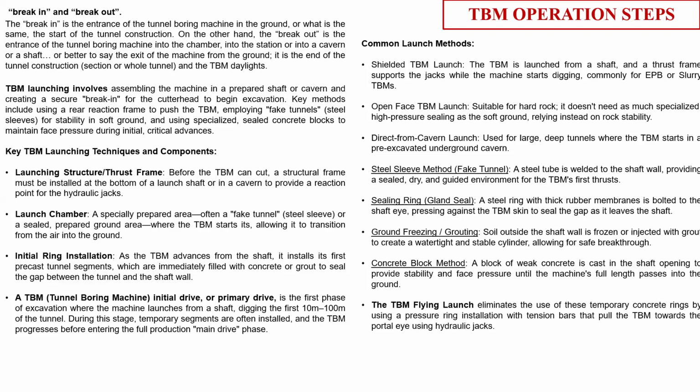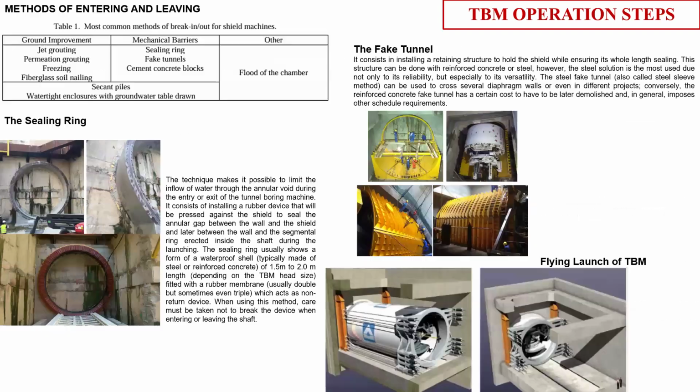Ground freezing was mostly used in the UK in Crossrail projects. In some of the shafts they have done ground freezing because they experienced very high water conditions or the ground was so soft. They made the ground impermeable by ground freezing. So these are basically the operations we use for the TBM launching.